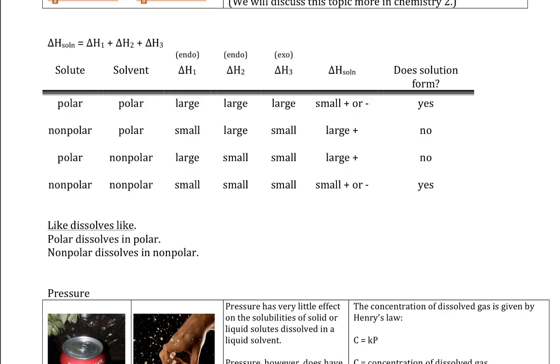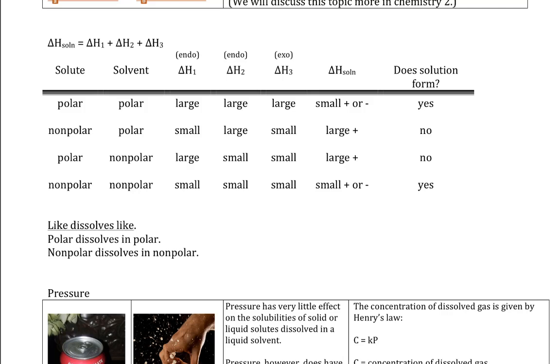If the solute is nonpolar, delta H1 is small, but if the solvent is polar, delta H2 is large. Now, polar and nonpolar don't mix well, so delta H3 is small. It doesn't compensate for the large delta H2, so we end up with a large positive delta H of the solution, and a solution does not form.